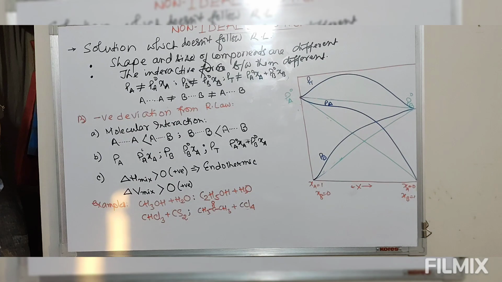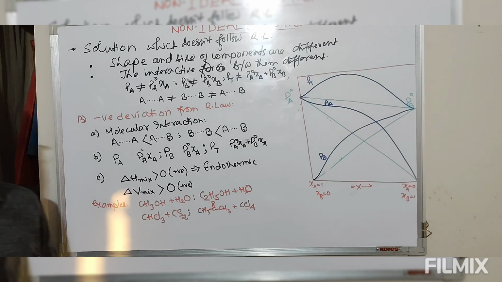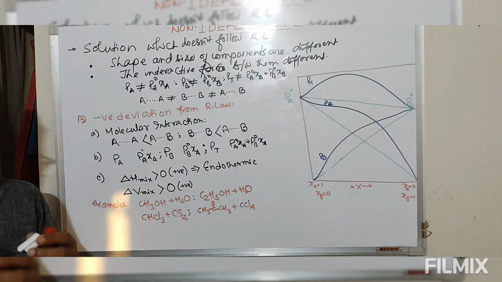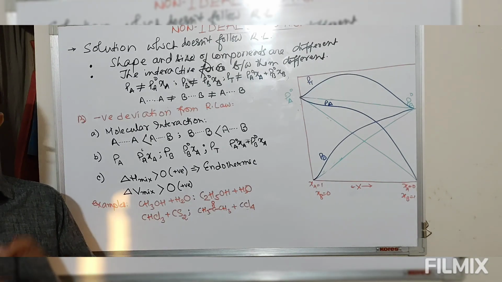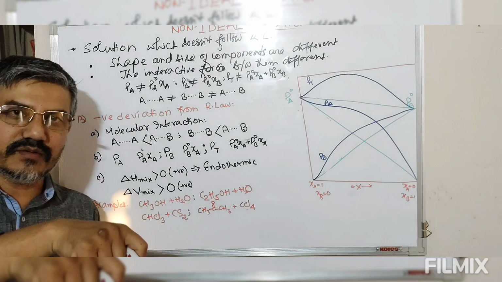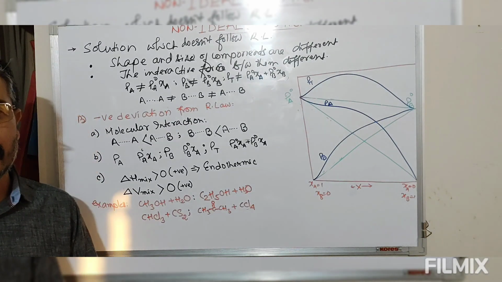That means in the AB solution there exists a much stronger attractive force between A and B. When there is an attractive force between the A and B components, A is comfortable in the presence of B, or B is more comfortable in the presence of A.